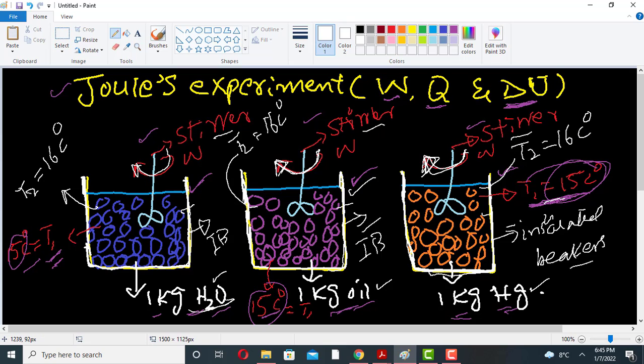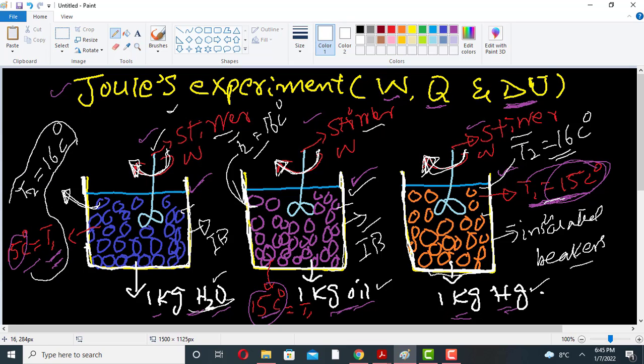So after starting the stirrer, the temperature of each solution increased to 16 degrees centigrade. So he noted that when we apply some work on the liquid, the temperature of the liquid increases.